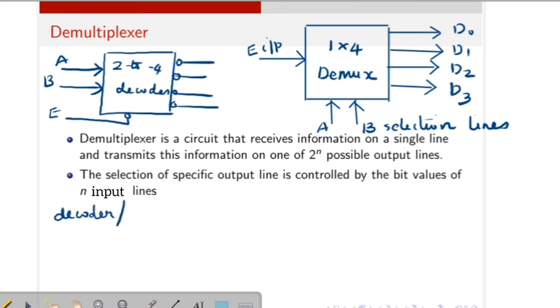Because we draw the demultiplexer circuit from the decoder circuit. Both are obtained from the same circuit.